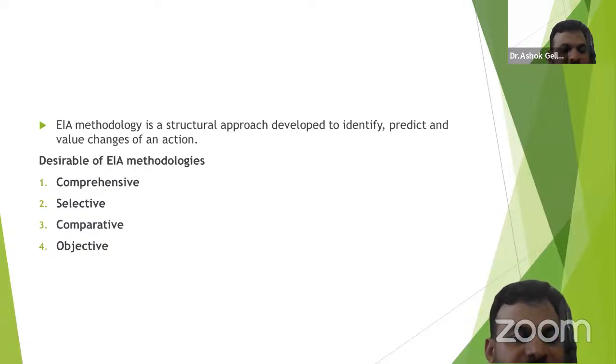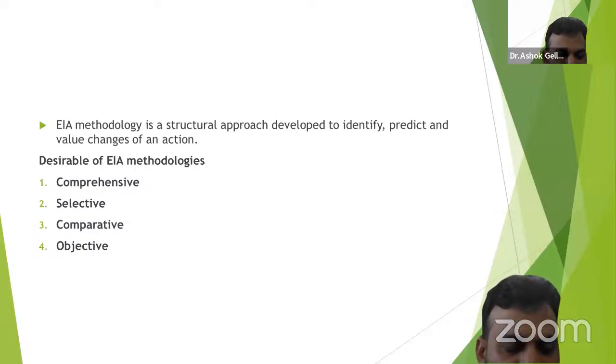It recognizes the intricate systems and complex interrelationships between the socioeconomic, cultural, and human health impacts. Next, selective. It identifies impacts and eliminates unimportant impacts as early as possible.